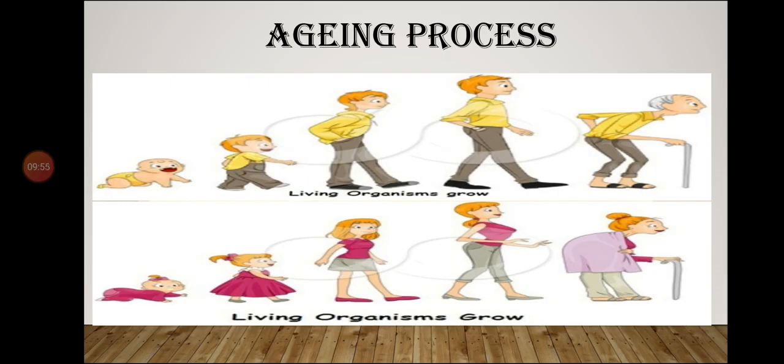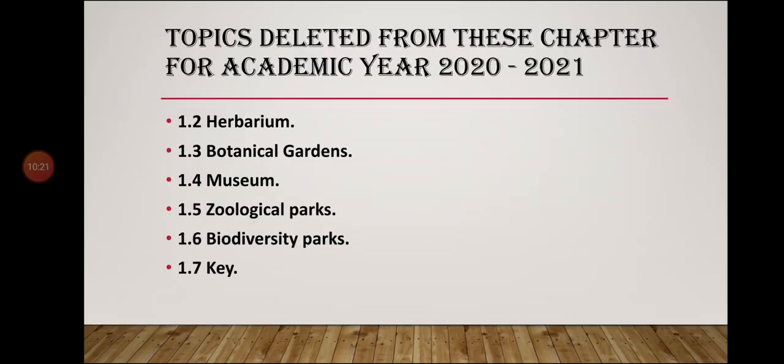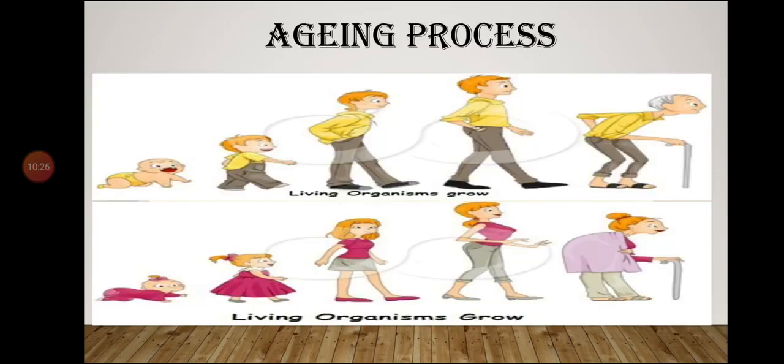So we have studied the different characteristics of living organisms such as metabolism, growth, reproduction, aging process, cellular organization, consciousness. These are all the characteristics of a living organism that differentiate living organisms from non-living things. So till here you have to study this chapter.